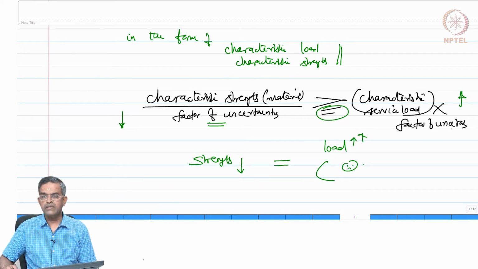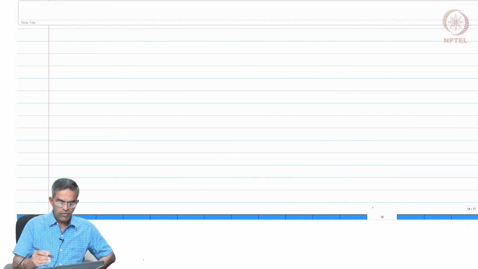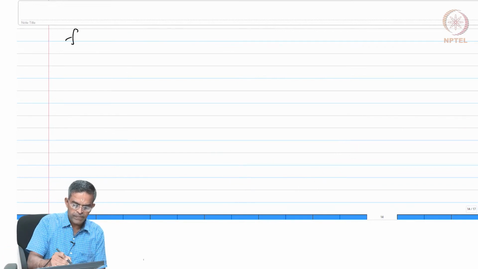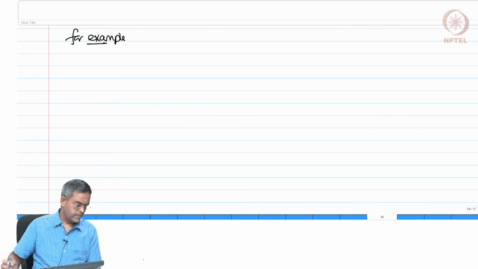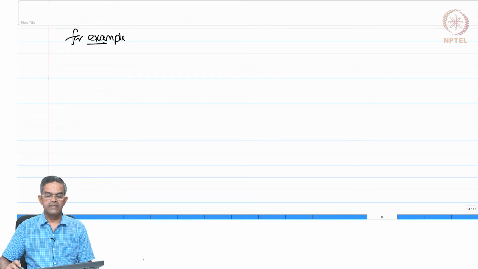But there is a very interesting conclusion which we can draw if we start exploring this slightly a bit more. Let us see that. For example, there can be a case where a specific live load in a given system will be exceeded during lifetime of the structure.